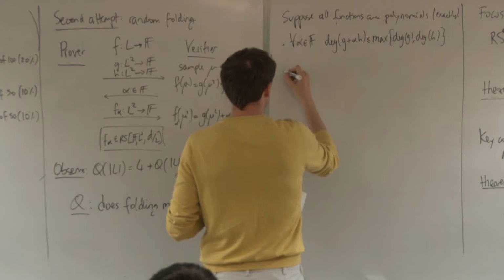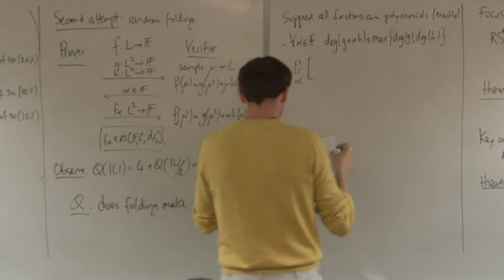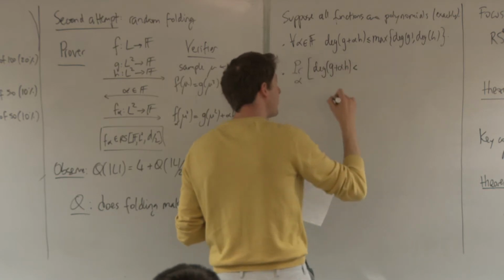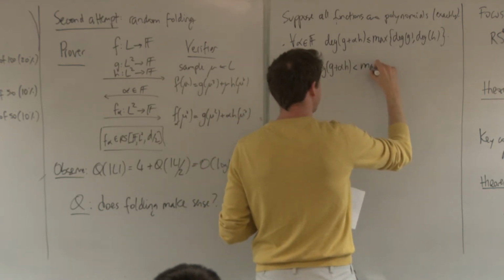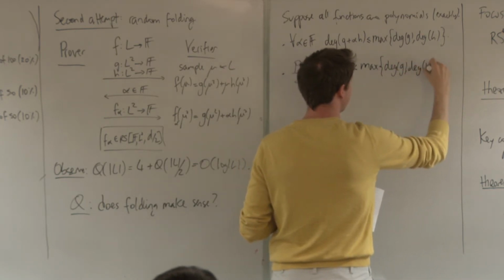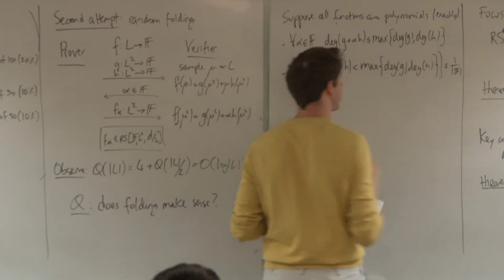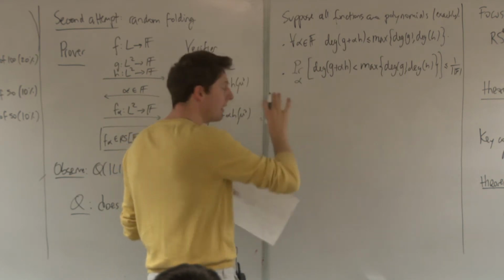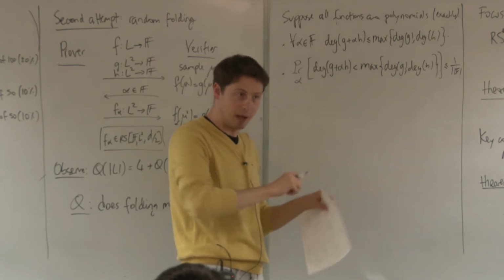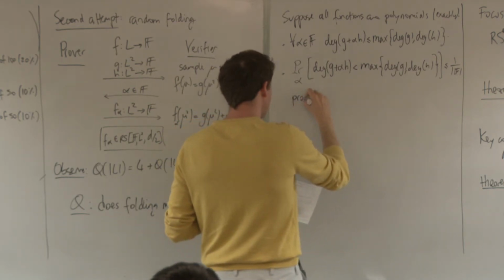And now, it's not really soundness, but just to build intuition, the probability over alpha that the degree of G plus alpha H is strictly less than the maximum of the degree of G and the degree of H is actually at most 1 over F. Okay? So again, forget evaluations of polynomials. Let's say we're talking about polynomials, so that I'm handling things with coefficients, okay? So what's the proof?